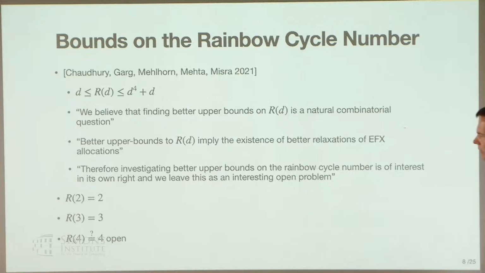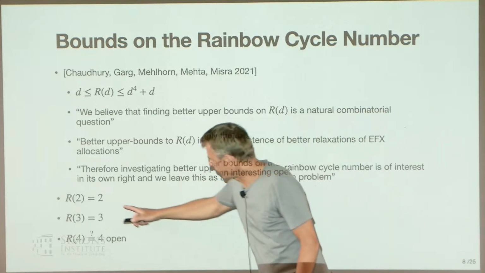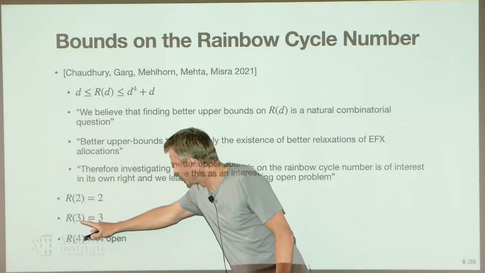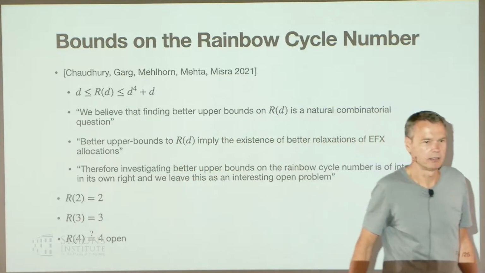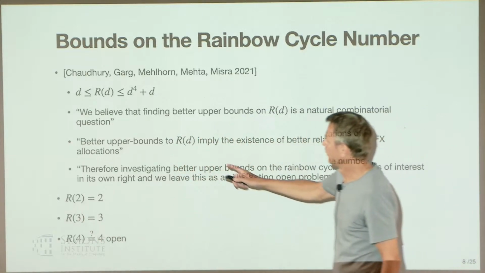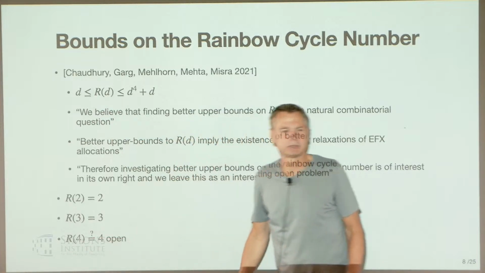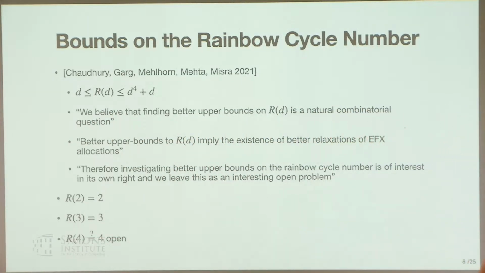For small values, it's known: for d equals 2 and d equals 3, the lower bound is actually matched by the upper bound. But already for d equals 4, it's open. And the technical contribution of this talk is trying to compute this.